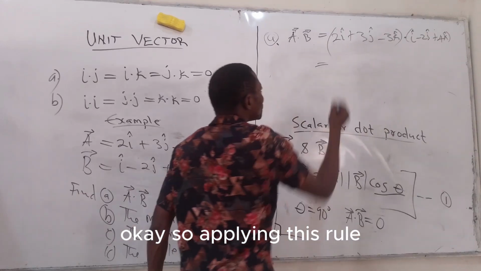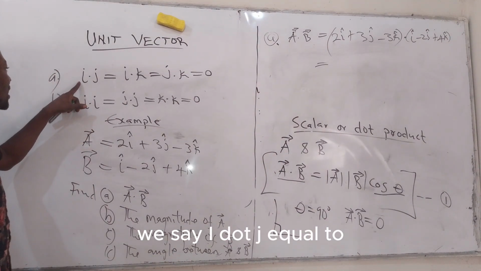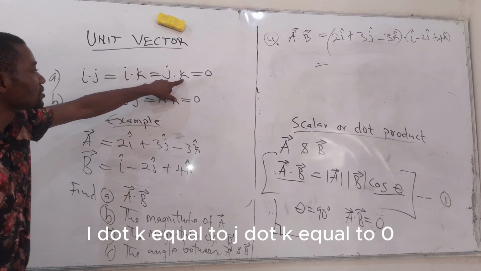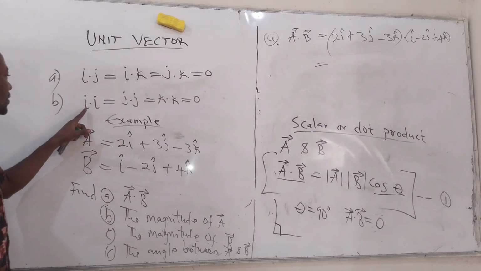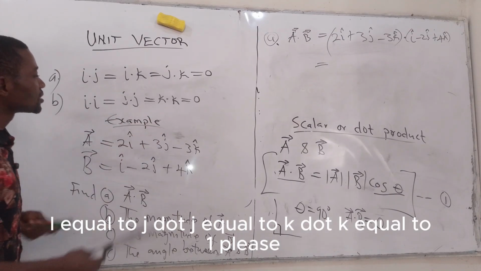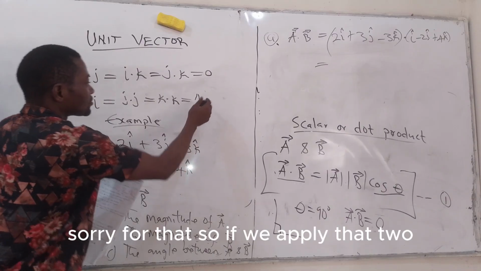Okay, so applying this rule, we say i dot j equal to i dot k equal to j dot k equal to 0, and i dot i equal to j dot j equal to k dot k equal to 1. Please, sorry, this should be 1. Sorry for that.